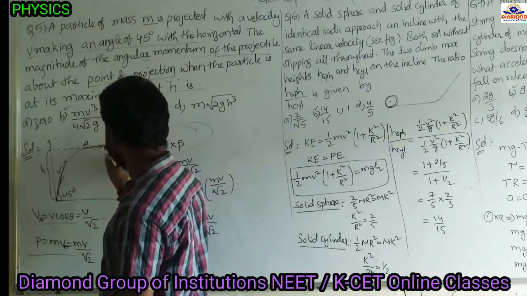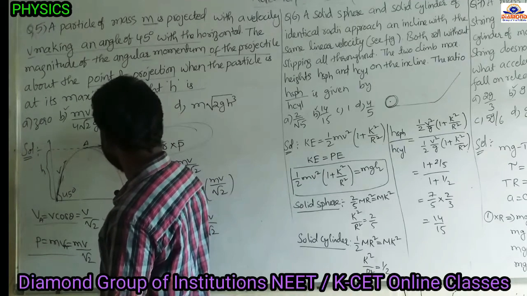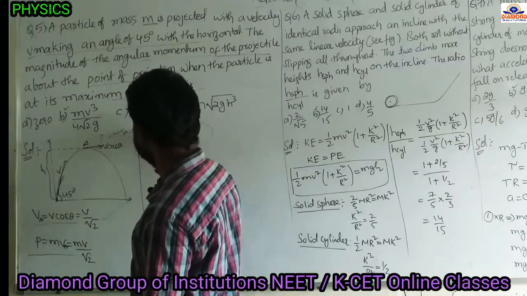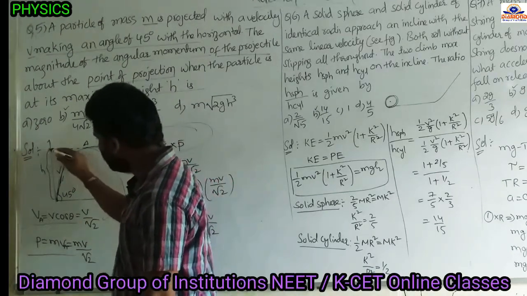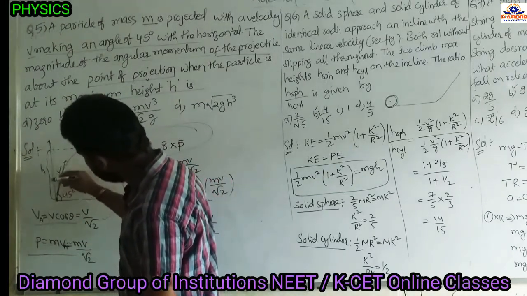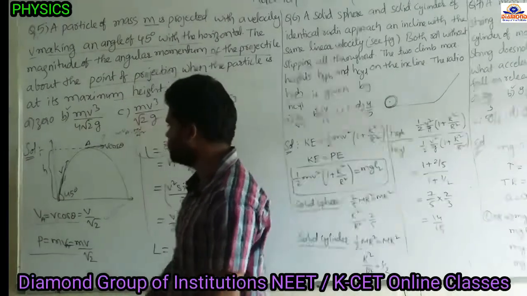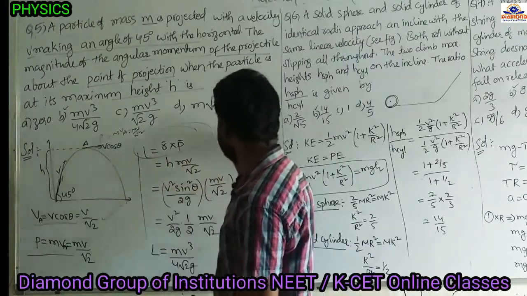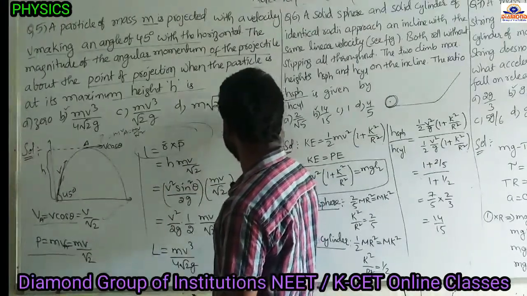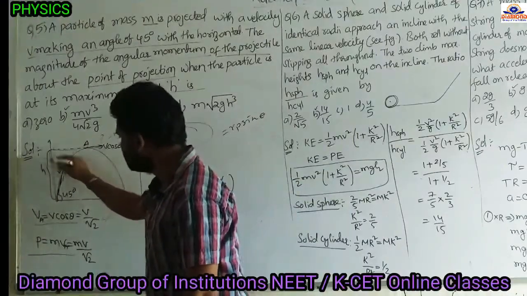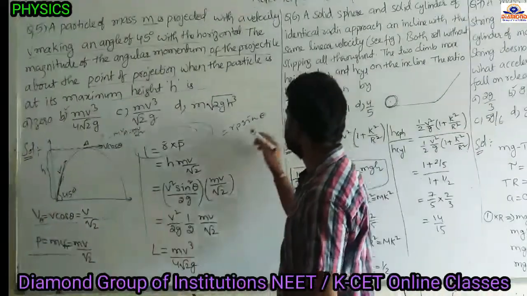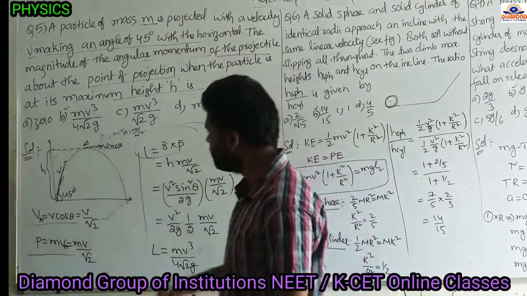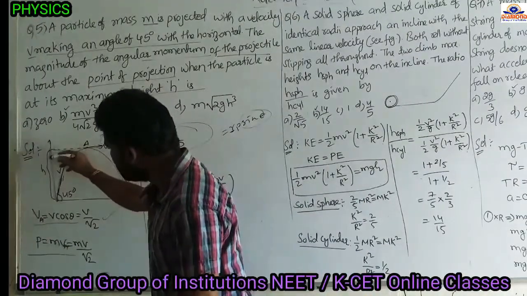The linear momentum we will get is p equals mv by root 2, and h is the perpendicular distance of this linear momentum with respect to the point of projection. So angular momentum equals r cross p equals rp sin theta. Now this is perpendicular to this one, theta equals 90 degrees, sin 90 equals 1, so we write r into p. This r is nothing but the perpendicular distance, and it is nothing but h.